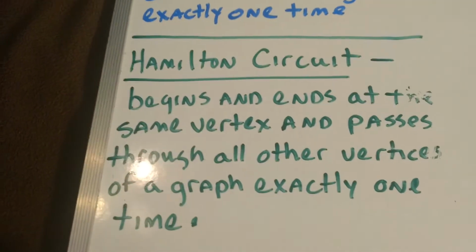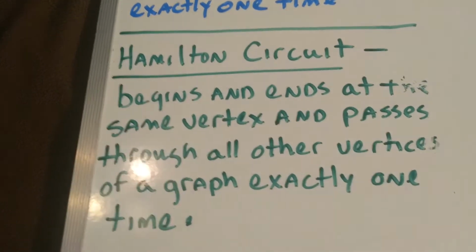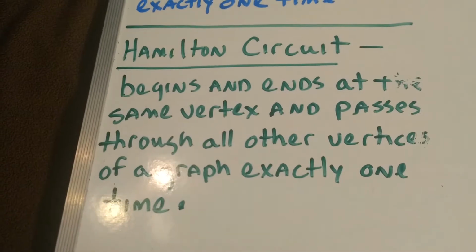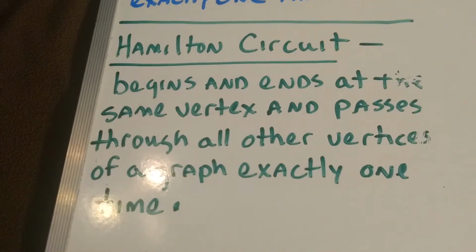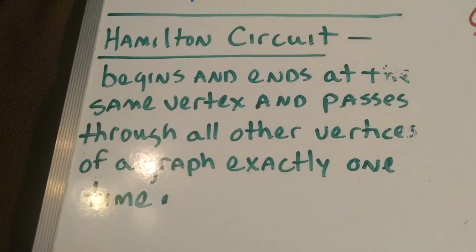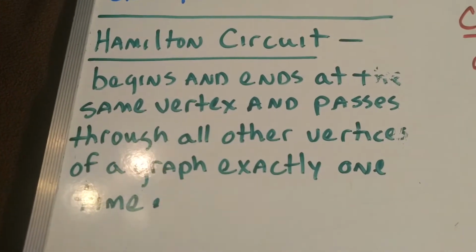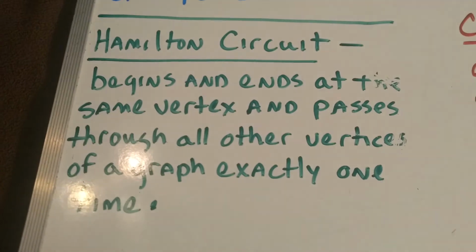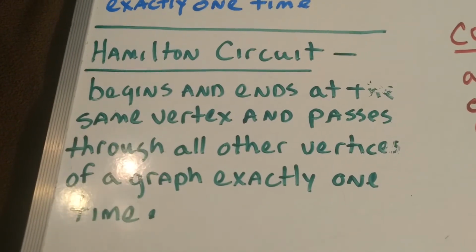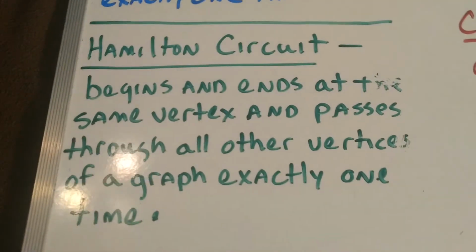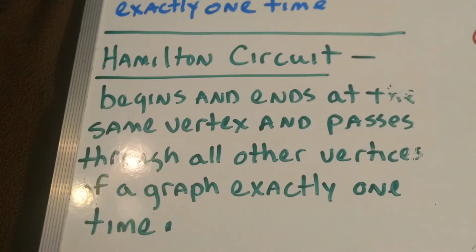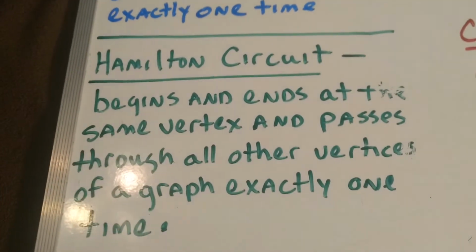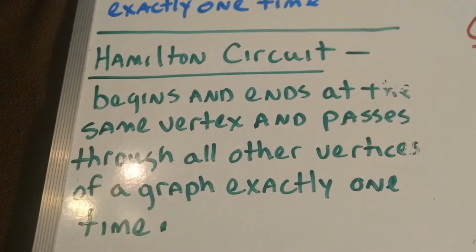Hamilton circuits begin and end at the same vertex and pass through all other vertices of a graph exactly one time. Now, you may think that this sounds like the Euler definition that we had in section 1. It's not. Euler's definition dealt with edges, that you could only pass through one edge one time.